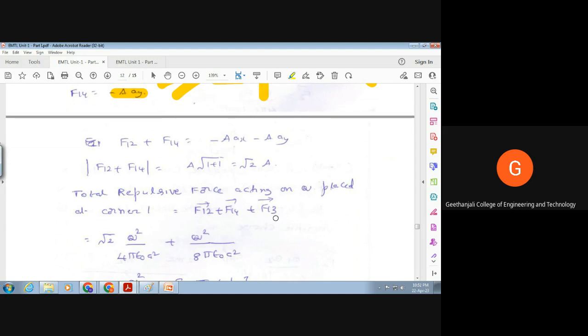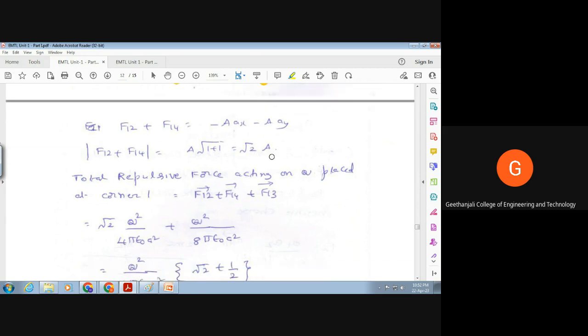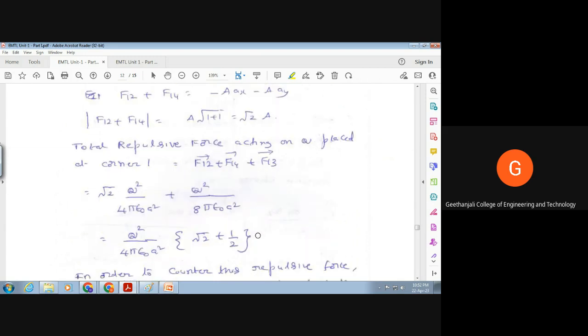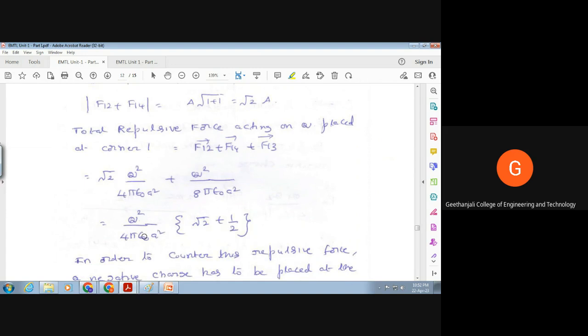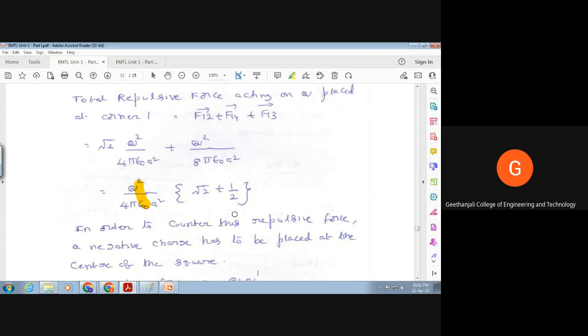Because F13 is acting diagonally, the resultant of F14 and F12 also acts along the diagonal direction, so I can add these two forces. So root 2 times A, where A is Q square by 4 pi epsilon naught a square, plus F13, Q square by 8 pi epsilon naught a square. Taking Q square by 4 pi epsilon naught a square as a common factor, this is root 2 plus 1 by 2.